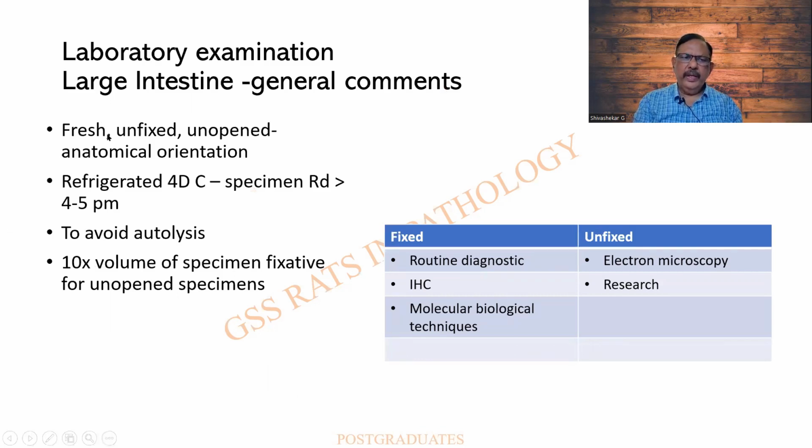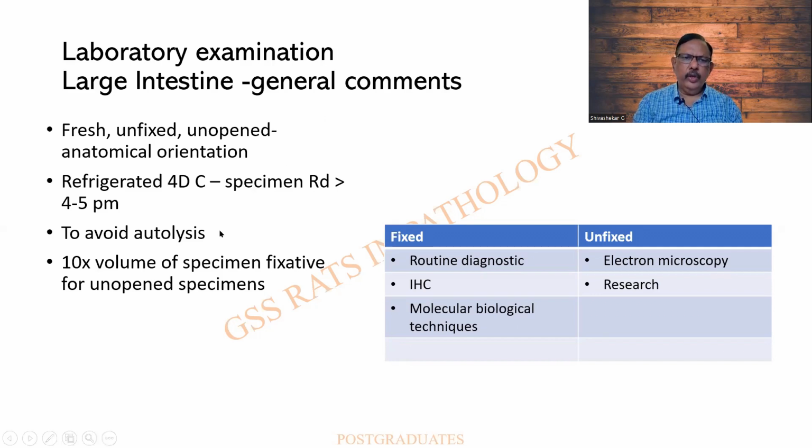What we do is we get fresh unfixed specimens which are usually unopened or stable. There has to be a flushing of the contents of the colon, and the rest of it will have to be fixed in a closed manner with 10% formalin. Otherwise, if it is going to be delayed, it can be refrigerated at 4 degrees centigrade when it comes beyond 4 o'clock.